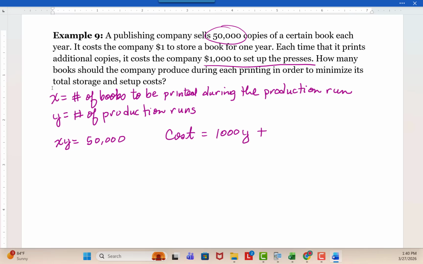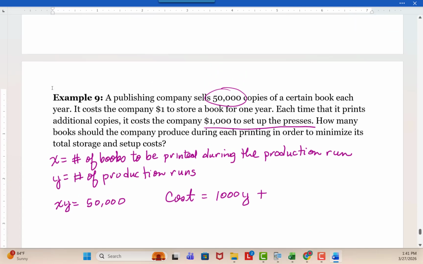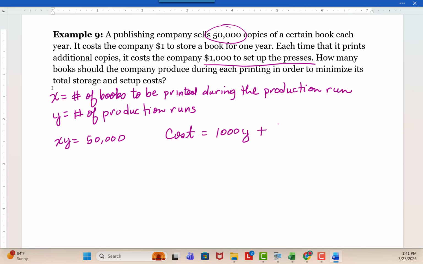There's a lot of explanation for this, but during each period, we've got an average of x over 2 books in storage, and then we have so many periods per year. But we'll always say the number of books in storage is x over 2.